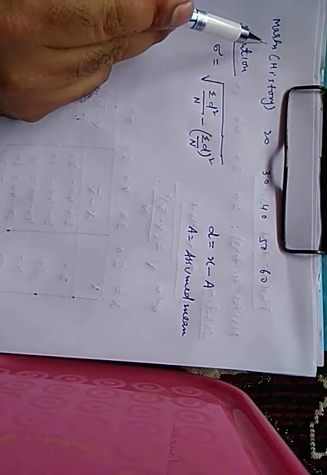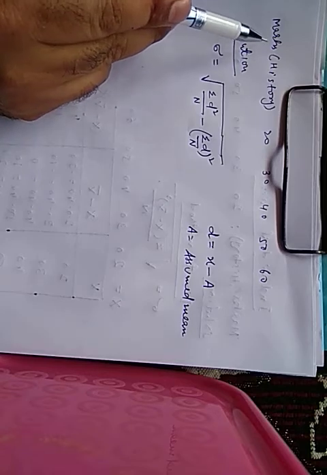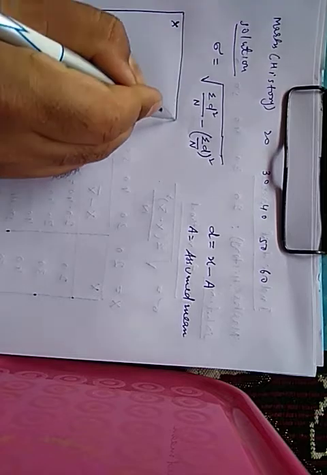Now these marks in history will be denoted by x, and the values are 20, 30, 40, 50 and 60.